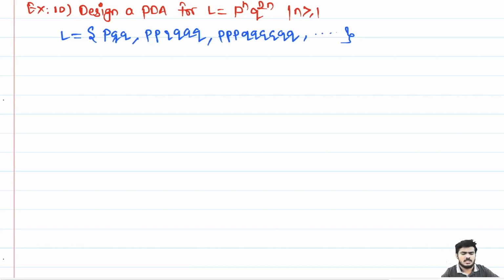The PDA for this question can be designed in two ways.